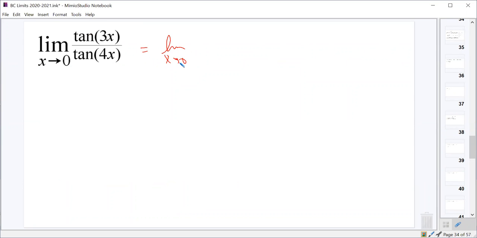The limit as x approaches 0. We'll just separate it out like this, and it's just like the last one we were doing. Put in a 3x and a 4x. The x's are good, but we still need the 4 and the 3.